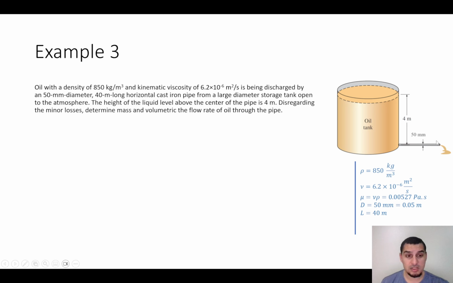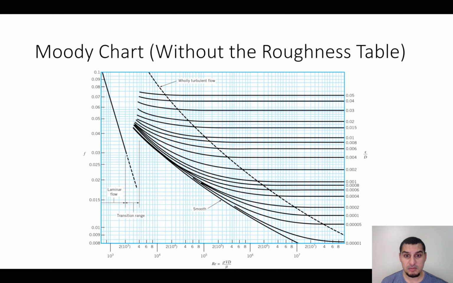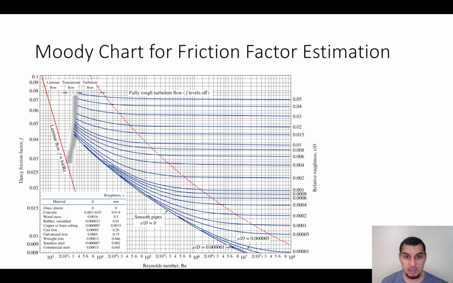So these are the dimensions of the pipe, and this pipe is made of cast iron. If we go back to check what this cast iron will mean, we can check in here. So cast iron has a roughness of 0.26 millimeters.